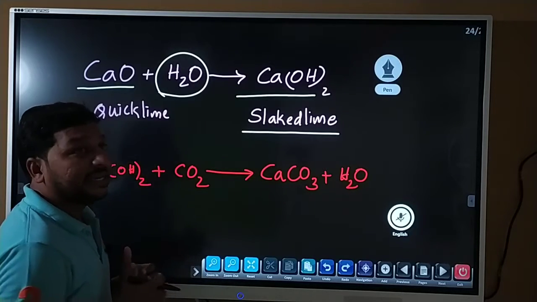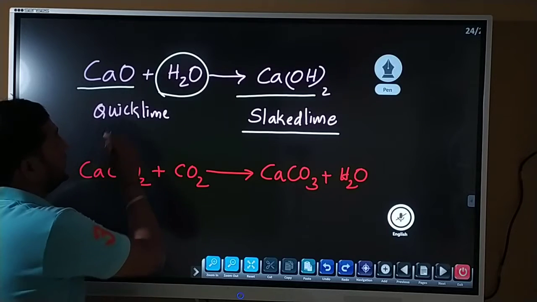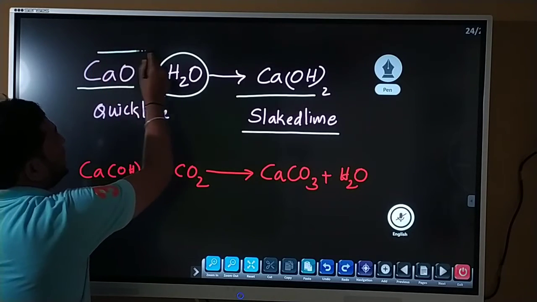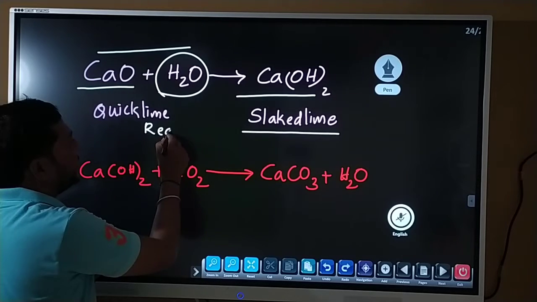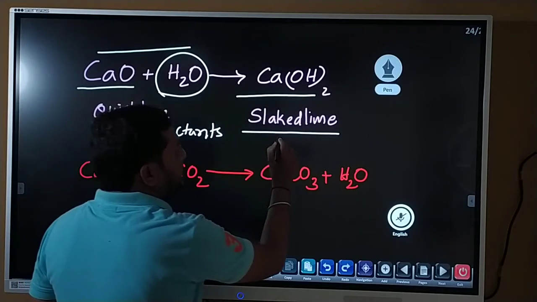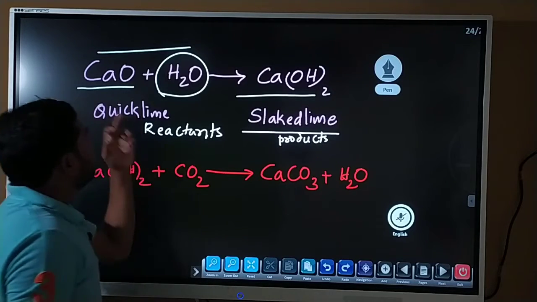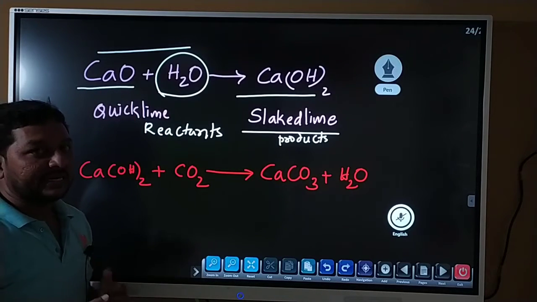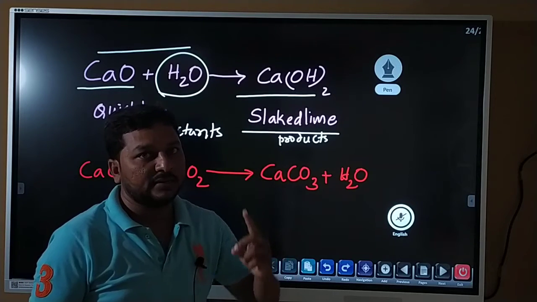Now what is chemical combination? In the above reaction, as we already discussed, the left hand side things are said to be reactants, and the right hand side things are said to be products. Here two or more reactants combine to form one single product.